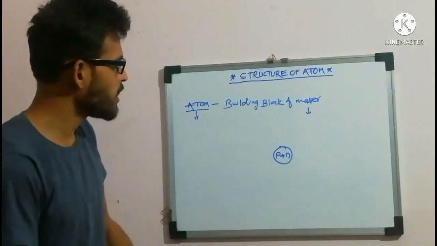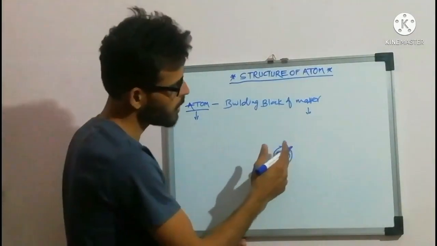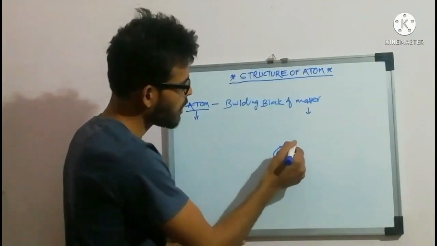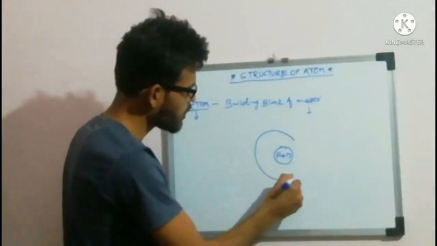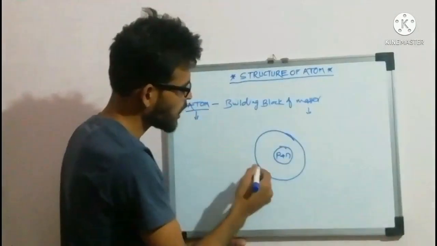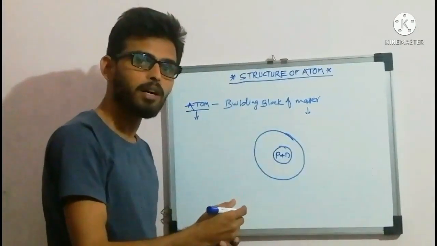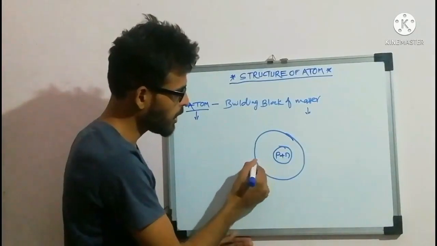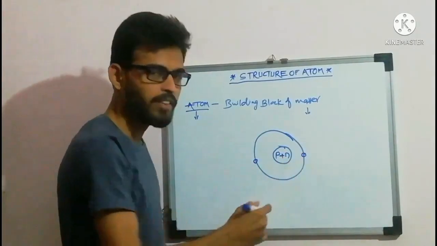You can see in the structure, this is the nucleus and protons and neutrons are present here, and around the nucleus electrons are revolving in different shells.